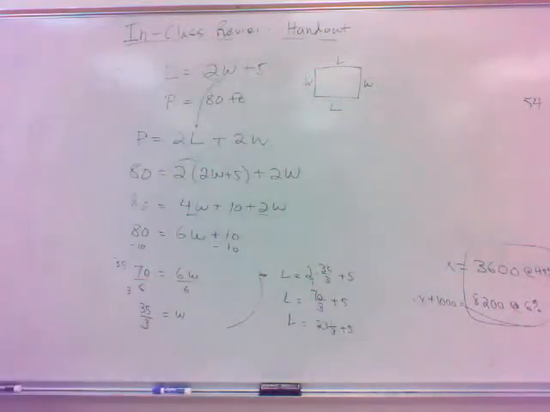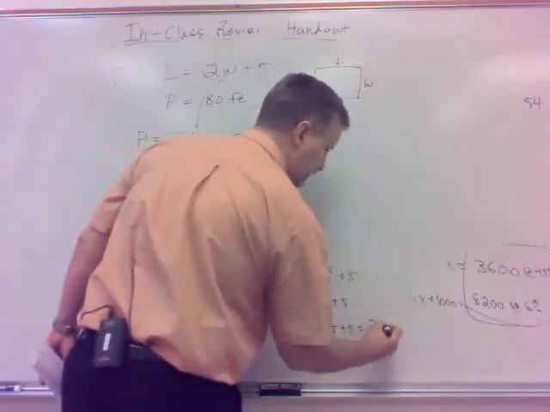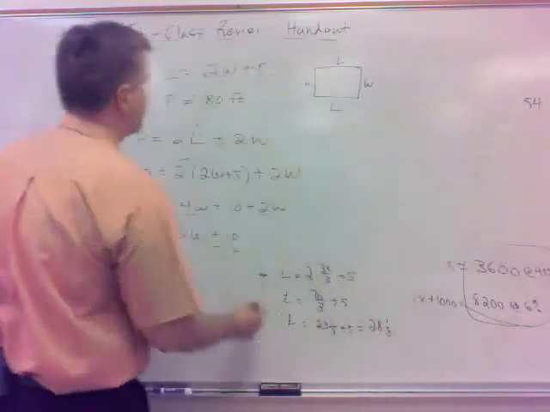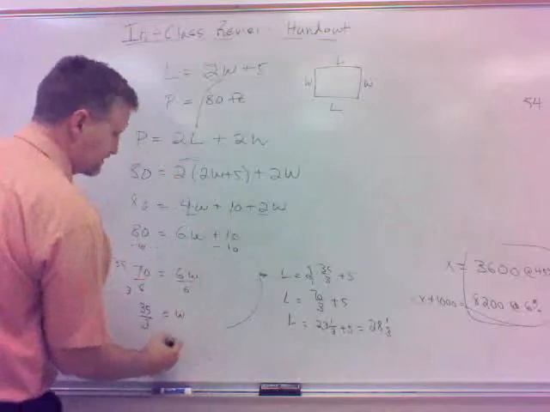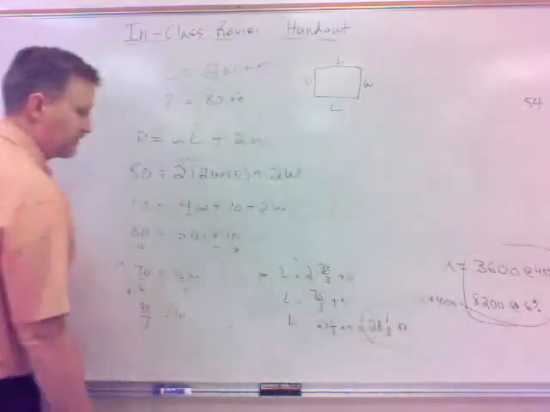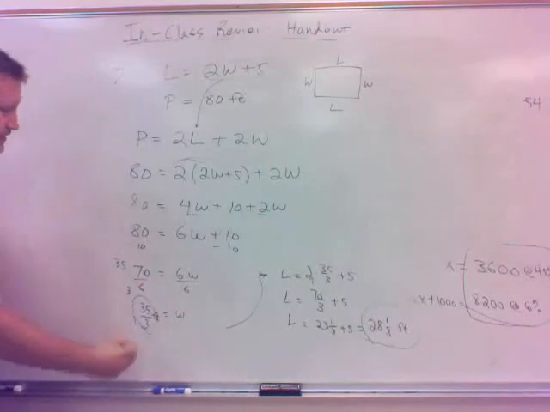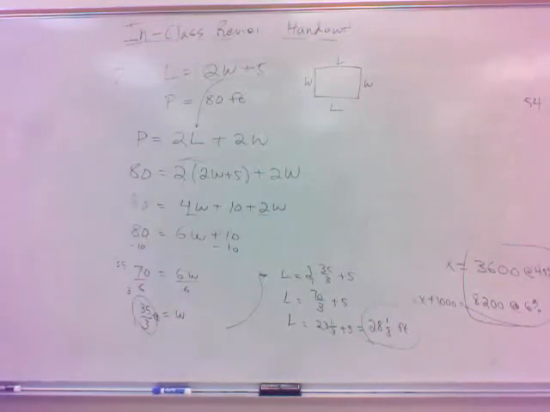So that's 28 and a third feet. The length is 28 and a third feet, which you can change to a mixed number if you want to, something like that.